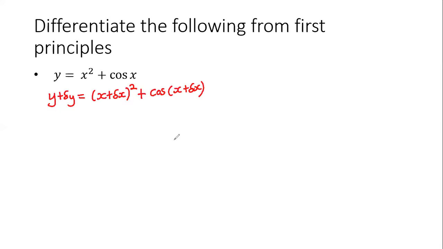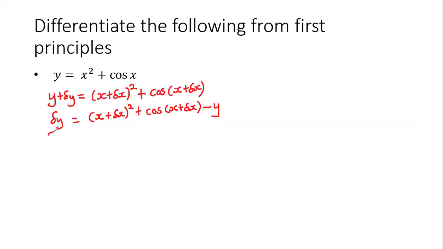Now, after that, the next thing is to take y the other side. So you have small change in y is equal to x plus small change in x squared, plus cos of x plus small change in x, minus the y. Your task is to substitute what your y is.